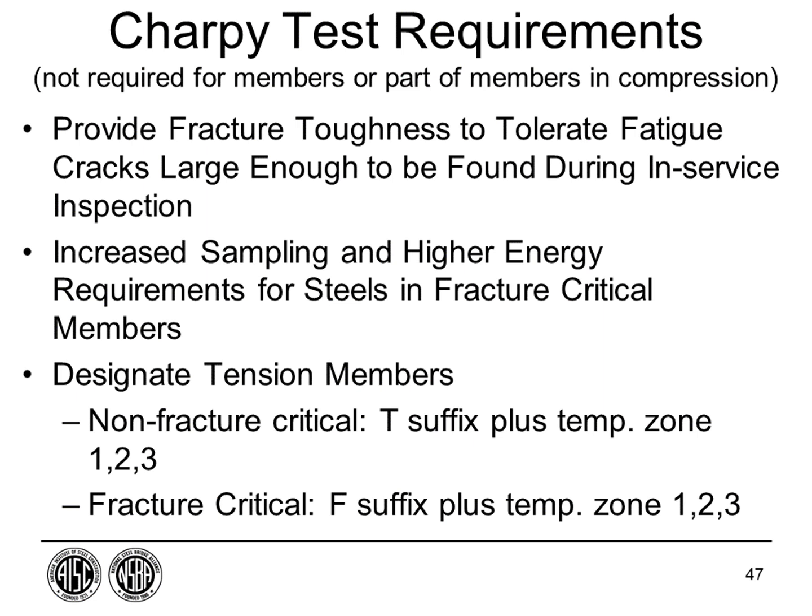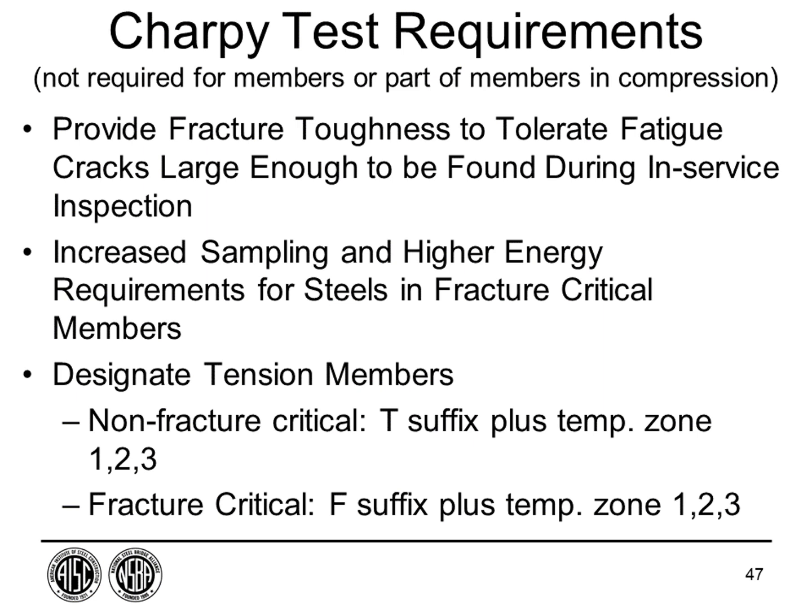We have increased sampling and higher energy for steels that are in what we call fracture critical members, and I'll talk to you a little bit more on what that means. When you buy the steel, you designate it as if it's a tension member with a T, and then there'll be a T1 or a T2 or a T3, and those represent the temperature zones, which I'll show you in just a minute.